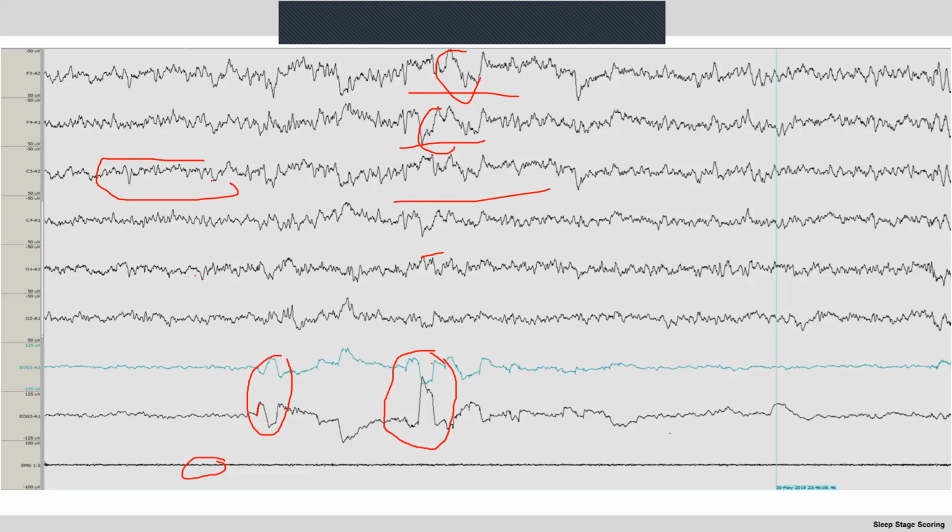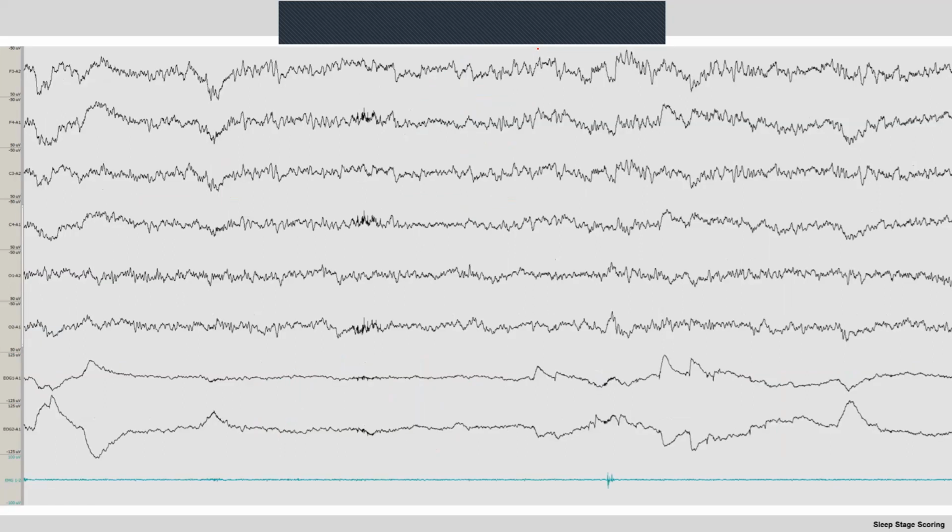This looks like K complex kind of activity, but it's not a K complex. It is the artifact of EOG in EEG. Again, you see this, easily a K complex. This is rapid eye movements. This is an example of REM sleep.